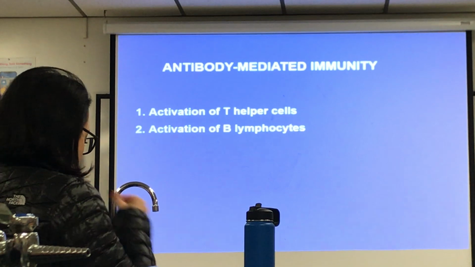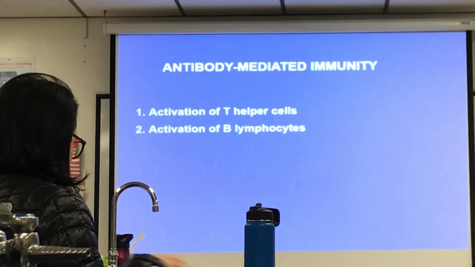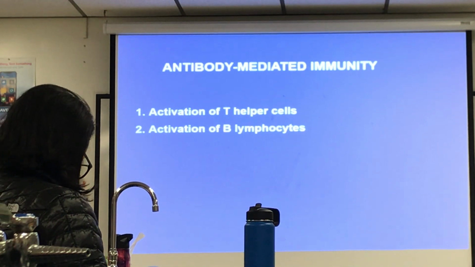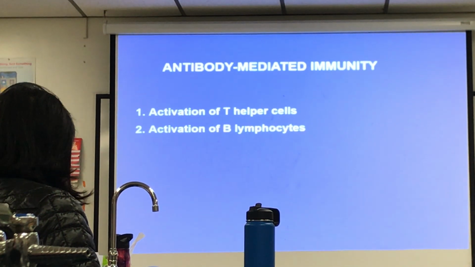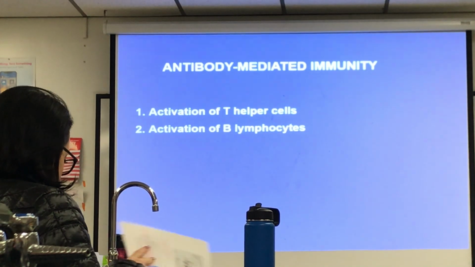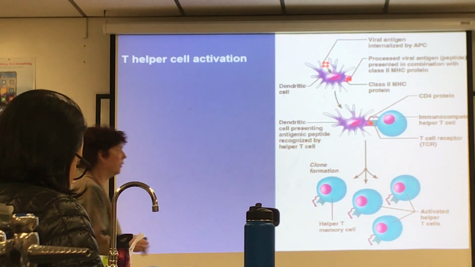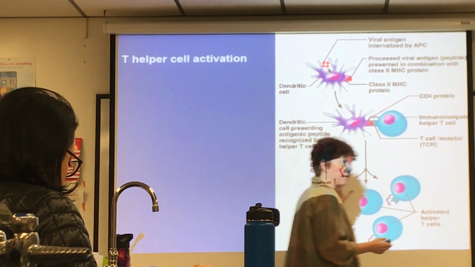So we still need the T helper cell, and the T helper cells release the same interleukin-1 that was used to activate the T killer cells. The same interleukin-1 will activate B lymphocytes. Okay? So here's the same kind of overall view of how we have the T helper cell.